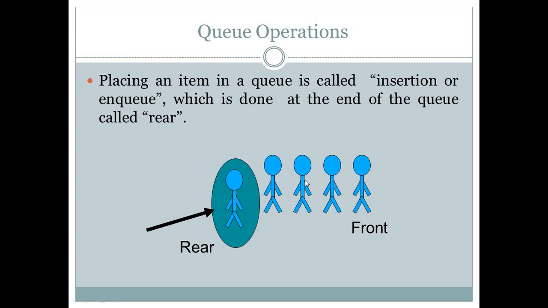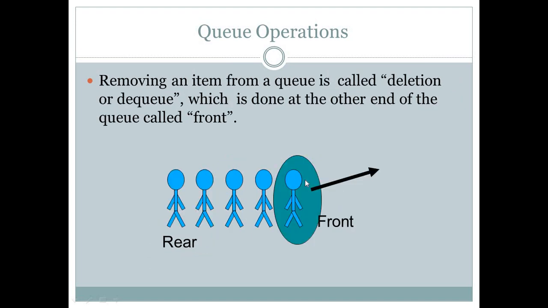So this is the enqueue operation. Second, removing or deletion will be performed on the front of the queue. So here you can say this is the front of our queue and this is the rear. If we want to delete, or dequeue, the item, it will be performed from the front side.